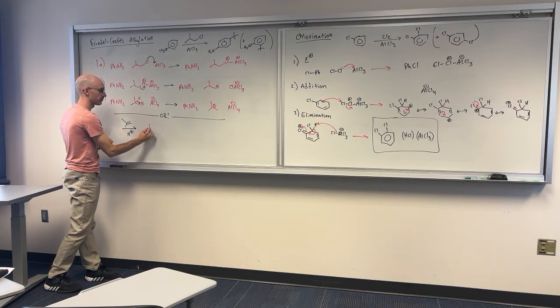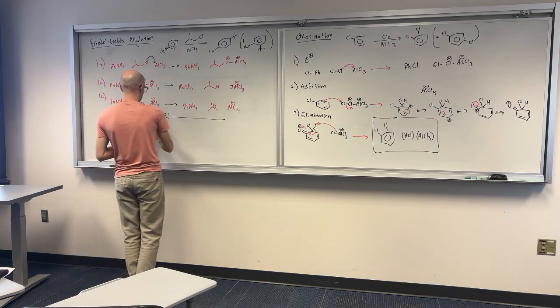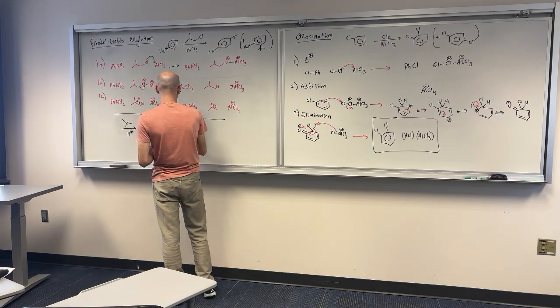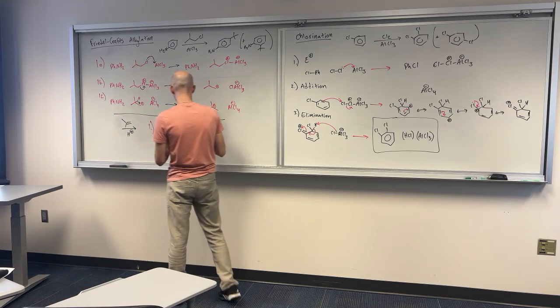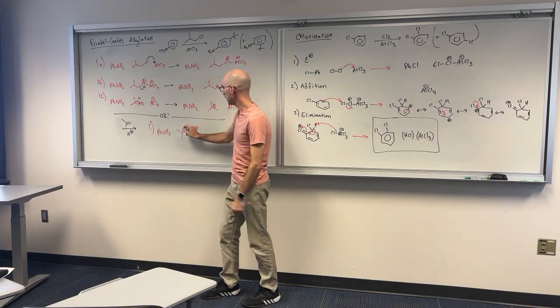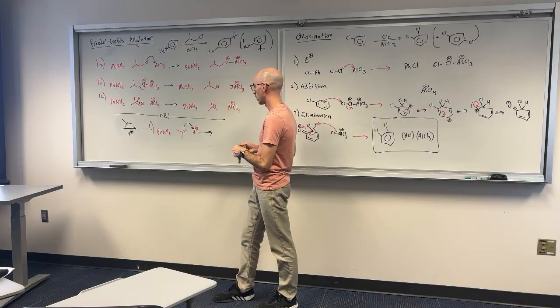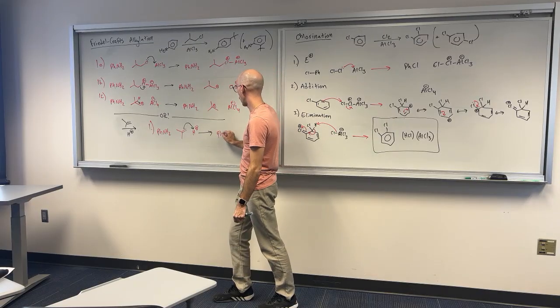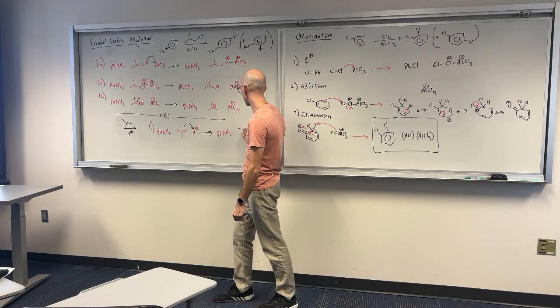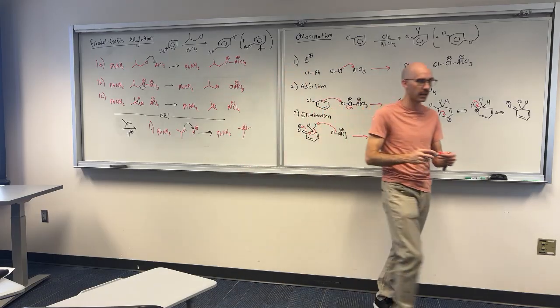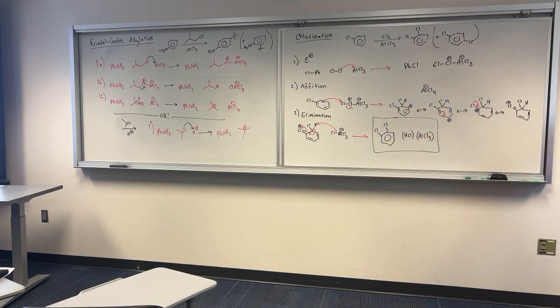And in fact, it would have done it in just one step. Alkene attacks the acid. Carbocation always forms on the most substituted position. Boom, done. Activated electrophile is already formed.